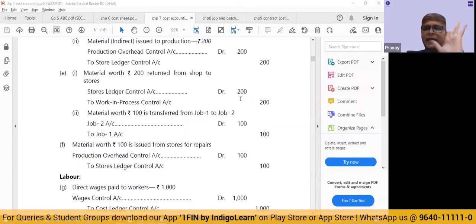So 8,000 into 10, 80,000 is my standard requirement. So budgeted requirement was 1 lakh, standard requirement is 80,000. Actual may be 85,000 or 90,000 or even 75,000, whatever it is, and then we compare. But when we talk at the beginning, when no activity has taken place, budget, standard, etc., are all used interchangeably in the questions. I hope that is clear.